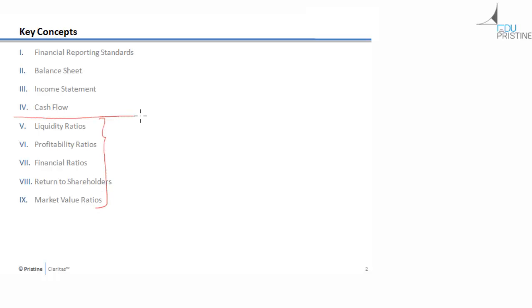So before this point, it is going to be the basic understanding of the financial statement, and after that it is going to be the analysis part.